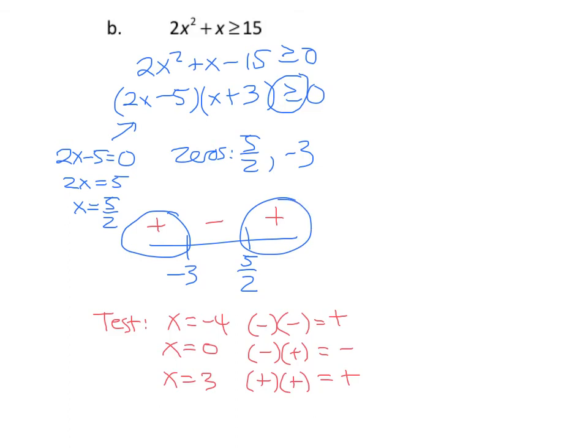So the interval on the left side I would write as -infinity to -3, and since my inequality has the or equals line underneath, it actually equals 0 at -3, and I include that point by using a bracket. And then I do union, and my other interval is from 5 over 2, again a bracket, to infinity.